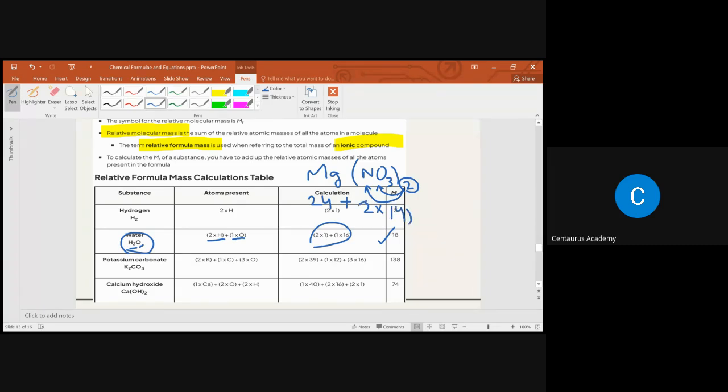Plus, how many oxygen atoms do we have? 6. Very good. So 16 times 6. What is the final answer? 16 times 6 plus 2 times 14 plus 24.